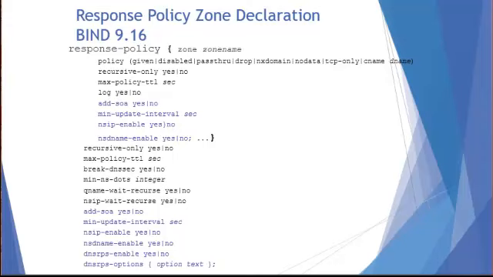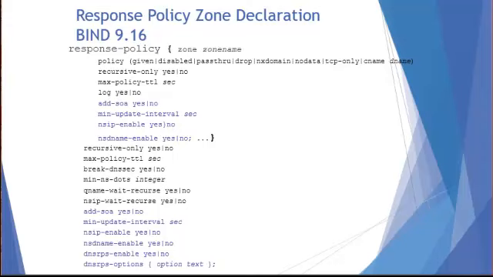Now, the wait recurse options for just the QName being queried and also the name server IP, if I have that in cache, you can indicate that you don't want to wait for the recursion. So you can set that to no, and then as soon as I get a QName query, I can respond with the corresponding policy that's assigned for that QName. So this just gives you a way to improve the performance relative to those given QNames or name server IPs if you desire. Just an option there you can set.